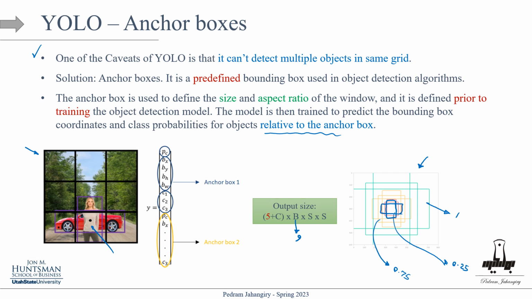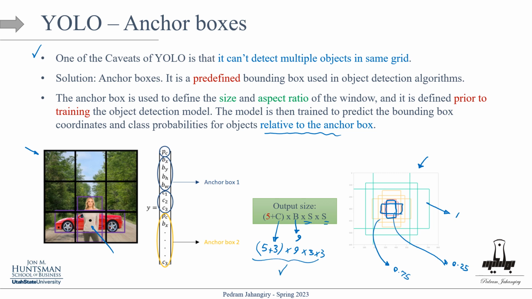So the size of the output is going to be what? It's going to be 5 plus C, the number of classes. Let's say we want to go with person, car, and tree. So we have 3 classes, multiplied by 9 anchor boxes, multiplied by our grid size, which is 3 by 3. So this is the output, right? It's 9 by 9 by 8. This is the output size.